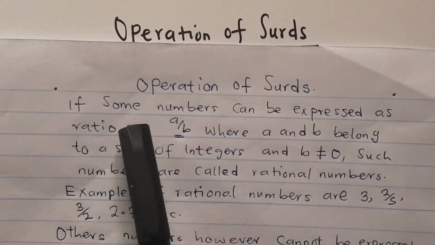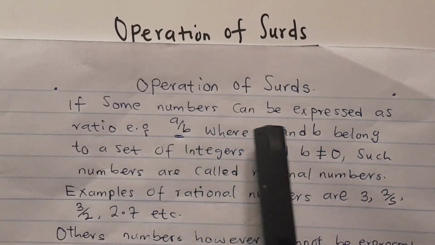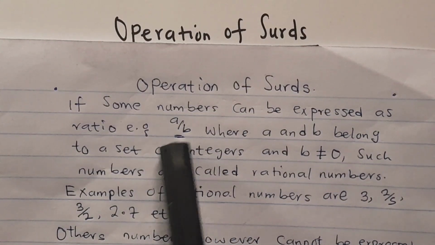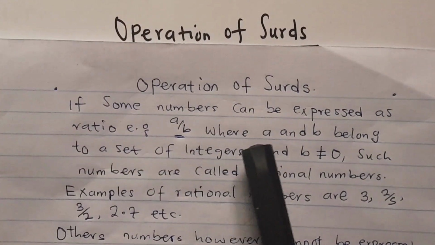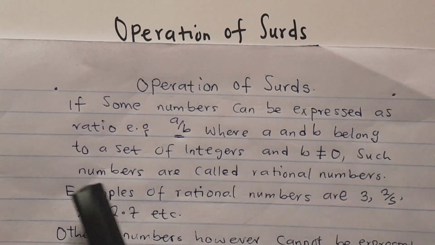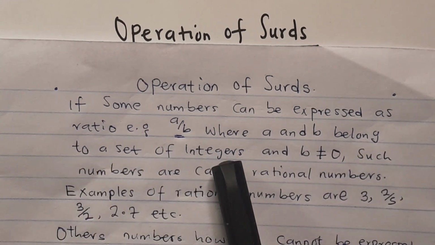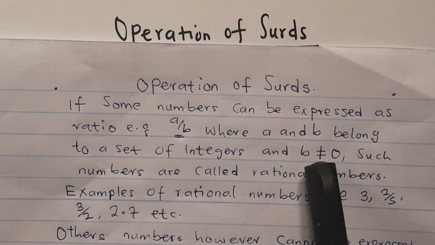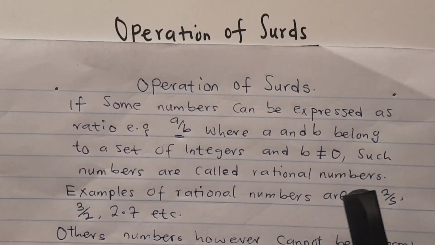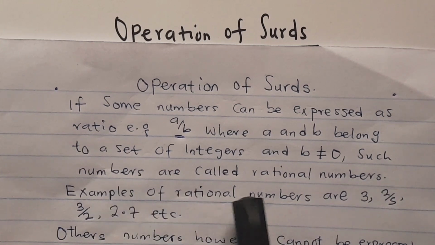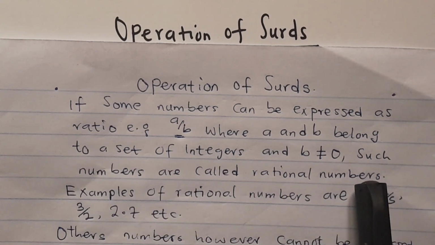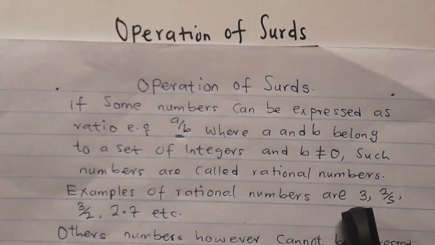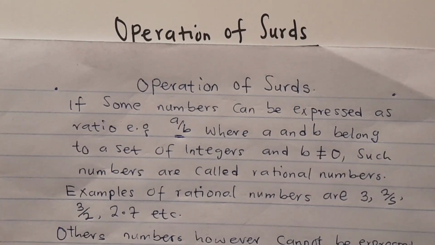If some numbers can be expressed as a ratio, e.g. A divided by B, where A and B belong to the set of integers and B does not equal 0, such numbers are called rational numbers.